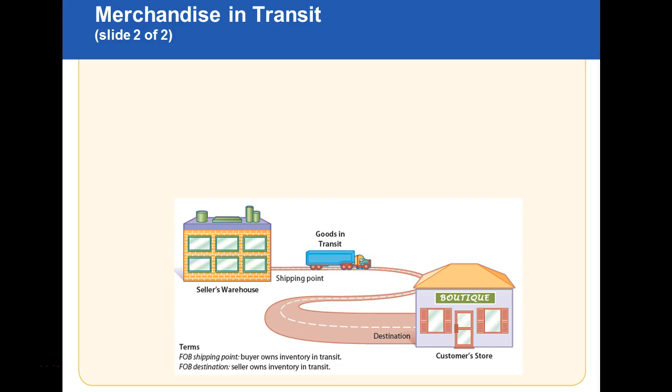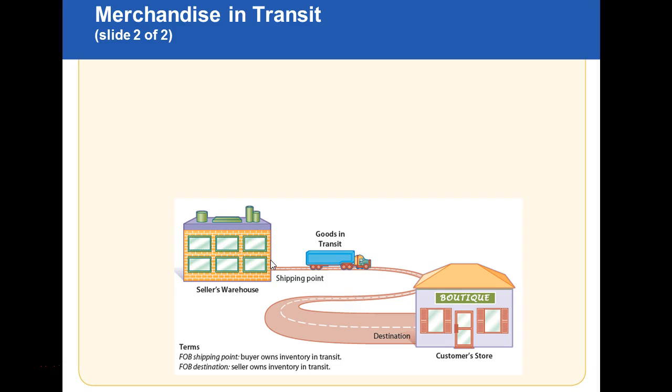Here's an example of merchandise in transit. We purchased goods from a seller's warehouse. The goods are being shipped to our boutique. If the terms are FOB shipping point, then at this location right here, the buyer owns the inventory.